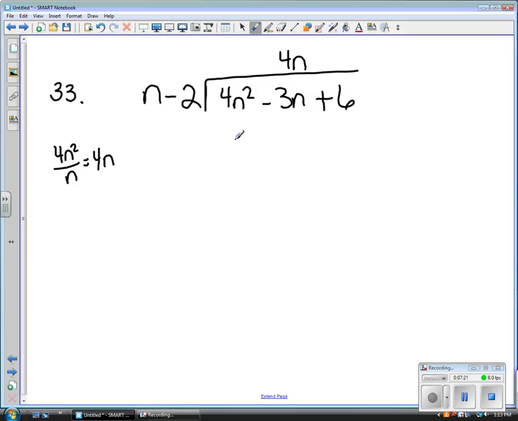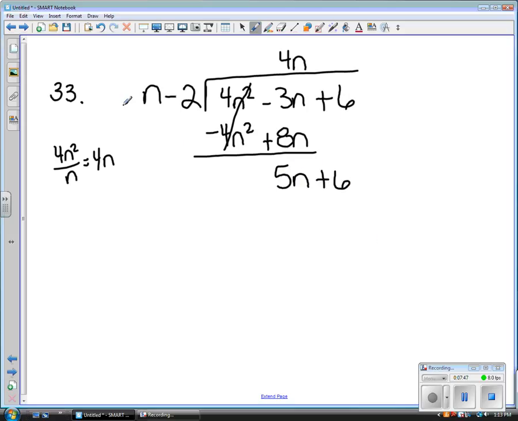So 4n times n is, and 4n times -2 is, okay. Now when I subtract, I can put subtract, change the order there. So 4n squared minus 4n squared is, those cancel off. -3n plus 8n. Bring this down.